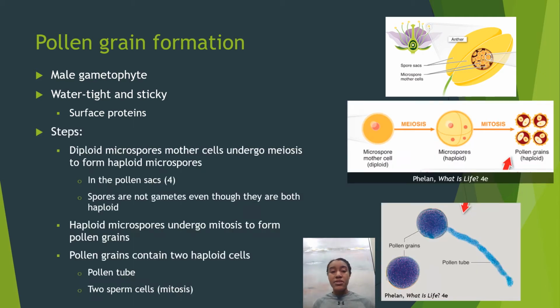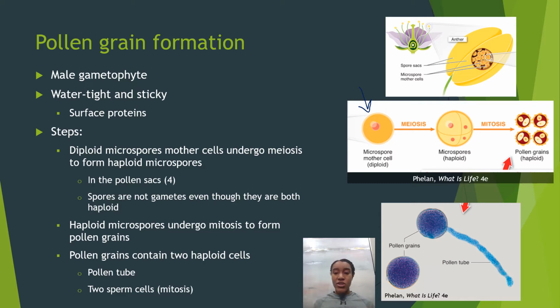So what are the steps of making pollen grains? We start with a diploid microspore mother cell. And in this image, that would be this large cell here. This cell is diploid and it is derived from the anther. The anther has a couple of chambers called pollen sacs, and specifically they have 4.